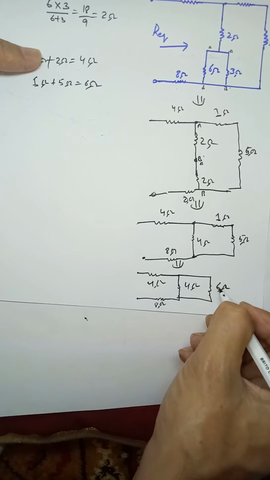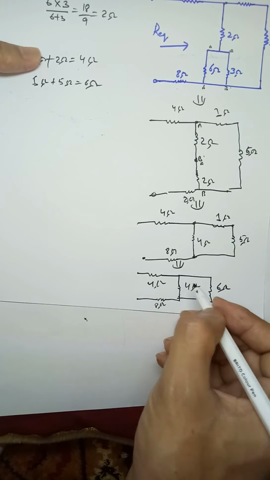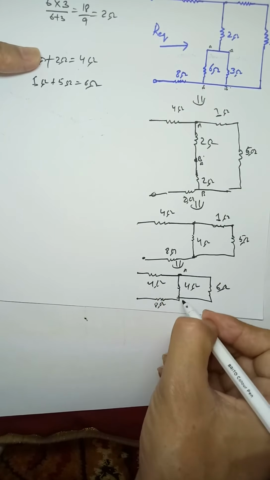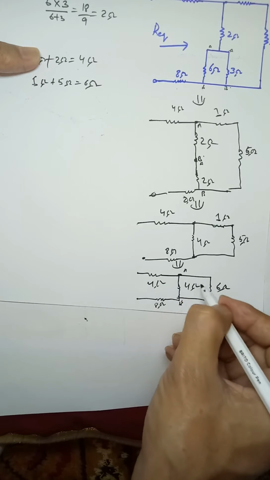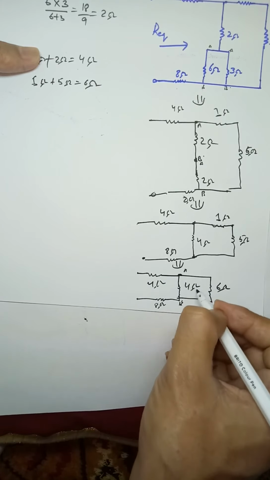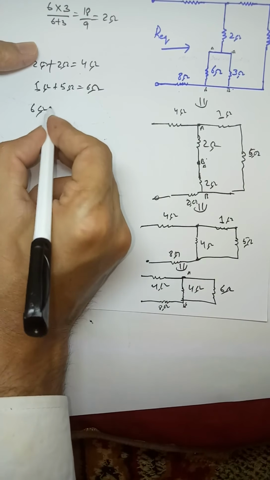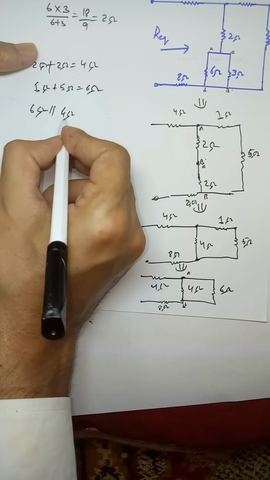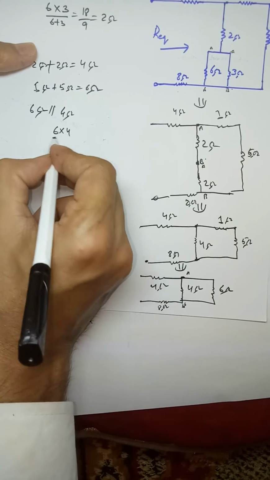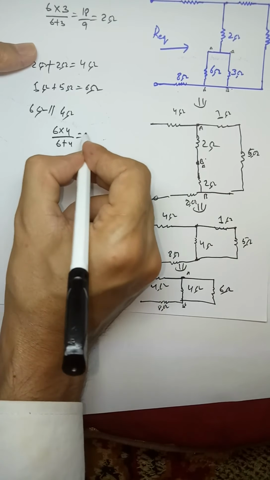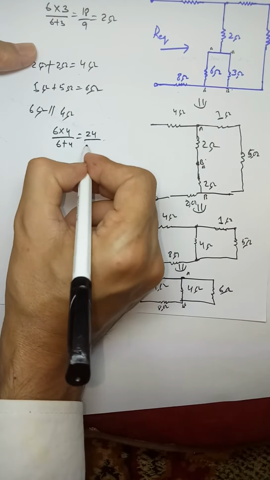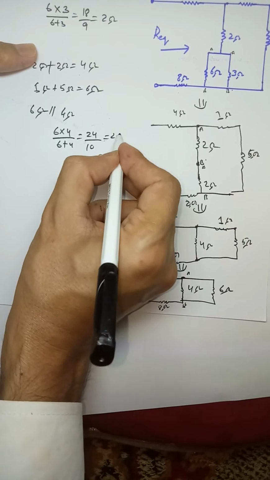Now 4 ohm and 6 ohm are connected in parallel because A node is connected with A and B is with B. We don't have any other element in the middle. So 6 ohm and 4 ohms are parallel. So you can simply multiply 6 with 4 divided by 6 plus 4. So 24 divided by 10 equal to 2.4 ohm.